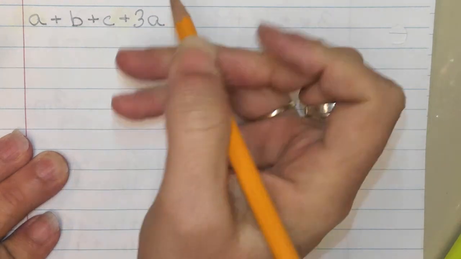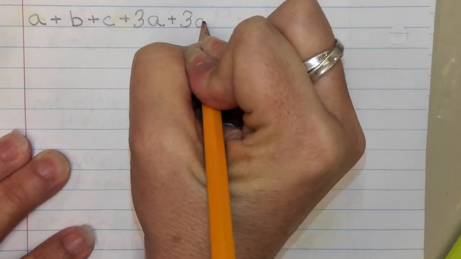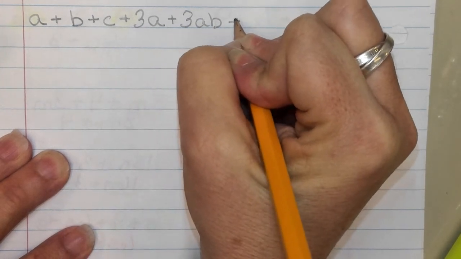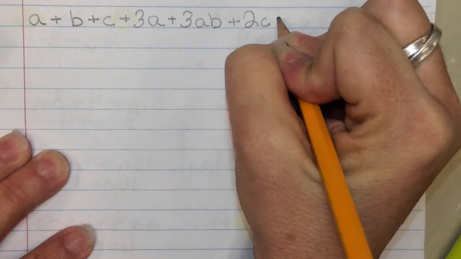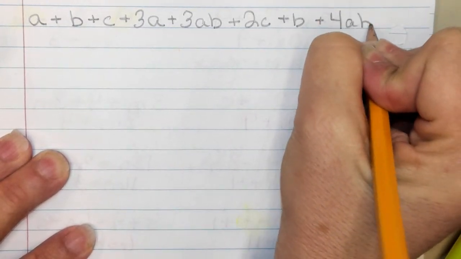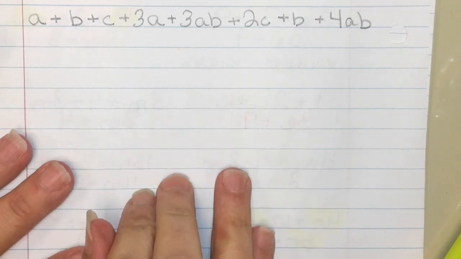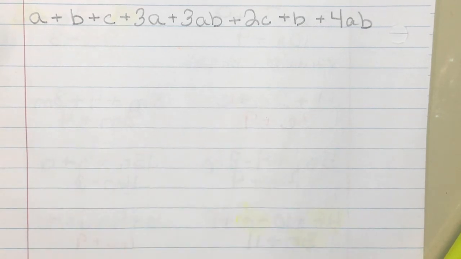Plus C plus 3A plus 3AB plus 2C plus B plus 4AB. Now, I need you to know that an A by itself is one variable. If you do AB, that is a different combination.